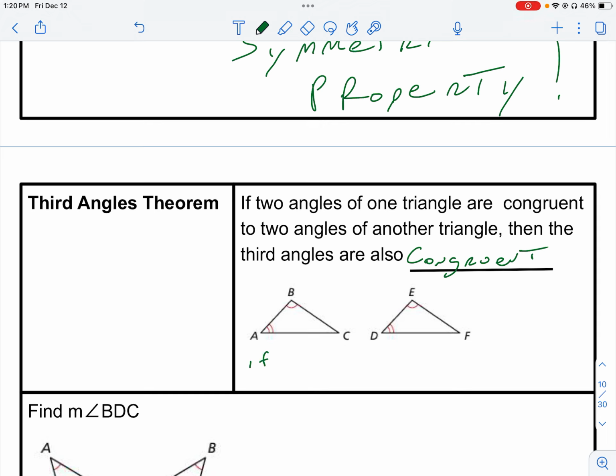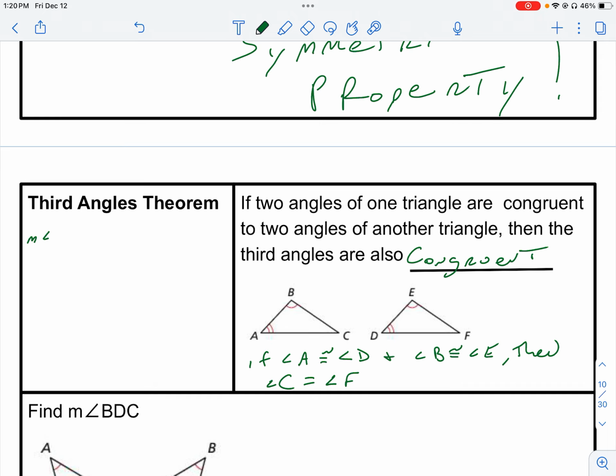So if angle A is congruent to angle D and angle B is congruent to angle E, then angle C is congruent to angle F. So let's think about why this might be true.